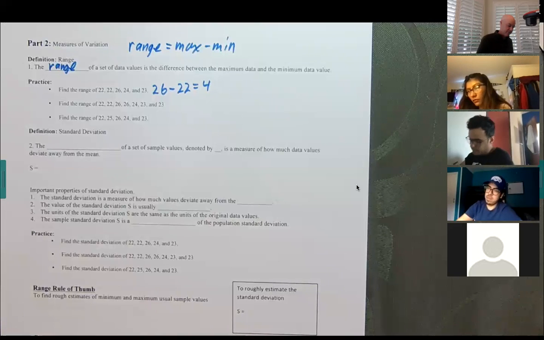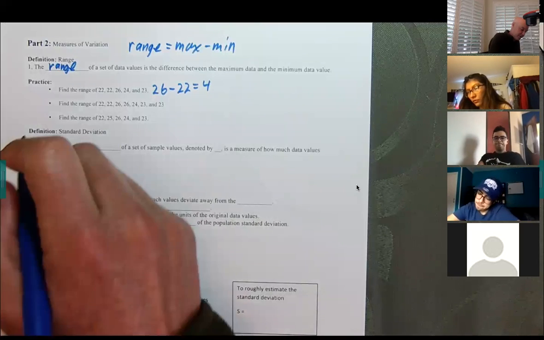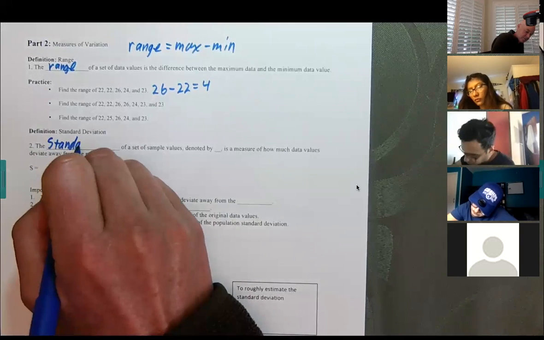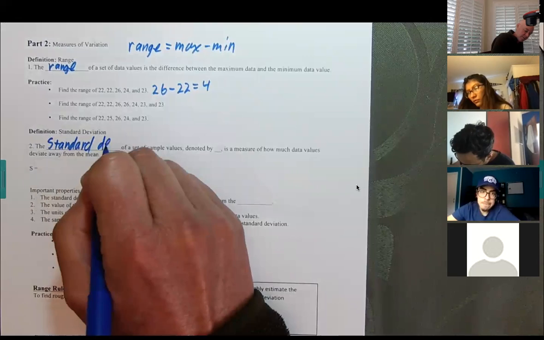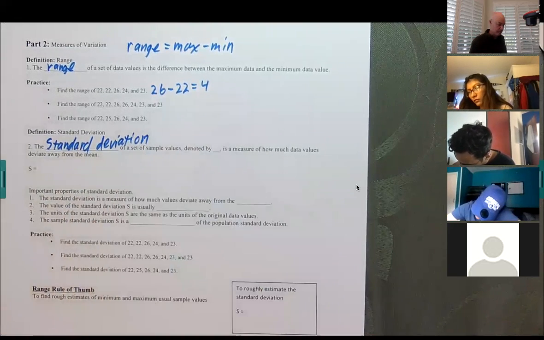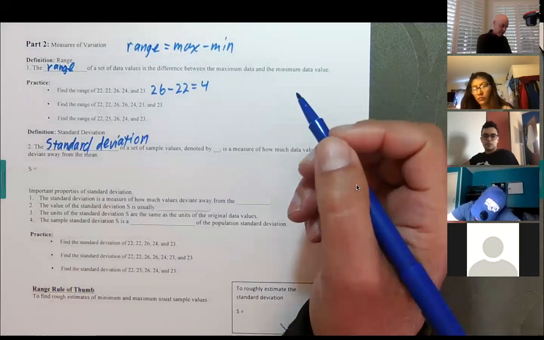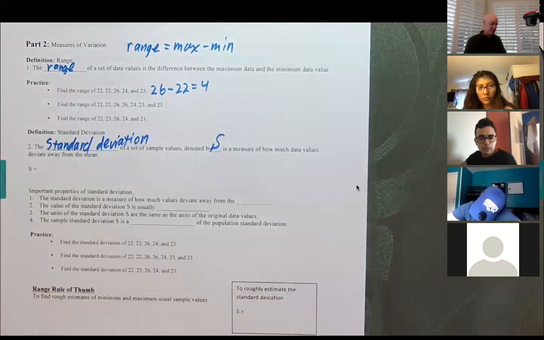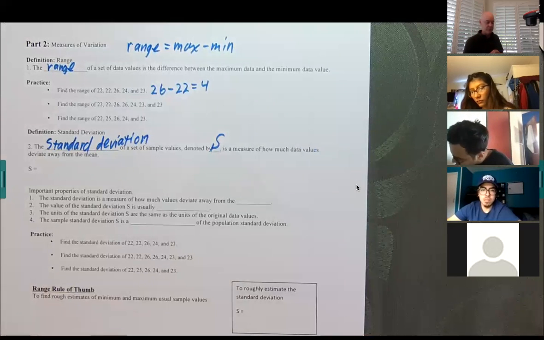And our best measure of variation is not necessarily the range, it is what's called the standard deviation. And I want to talk about that for a second, kind of explain what that is. For a sample, we use a capital letter S for the standard deviation.